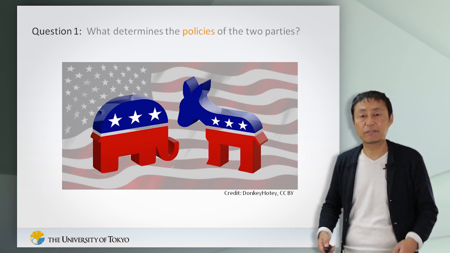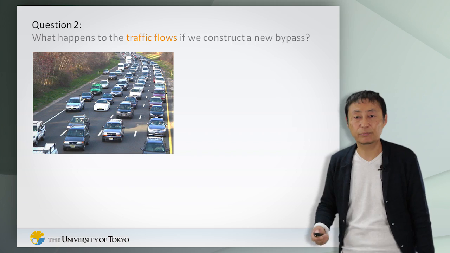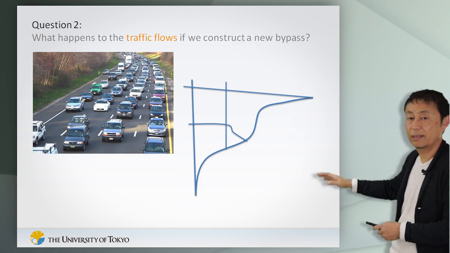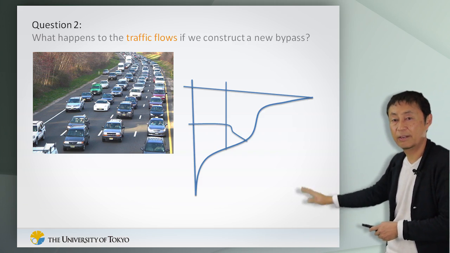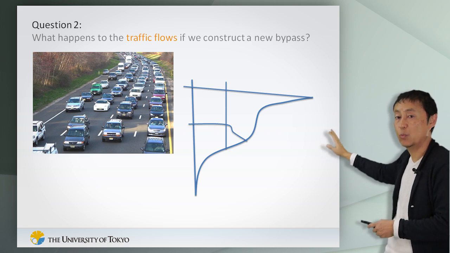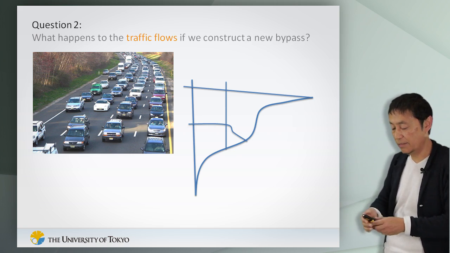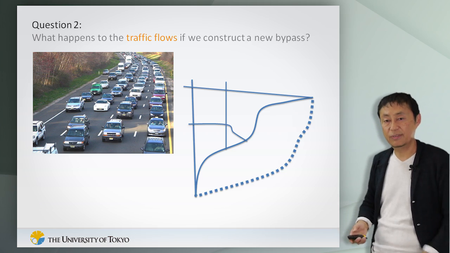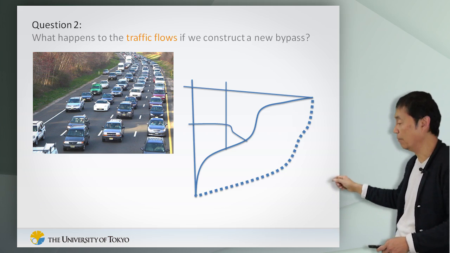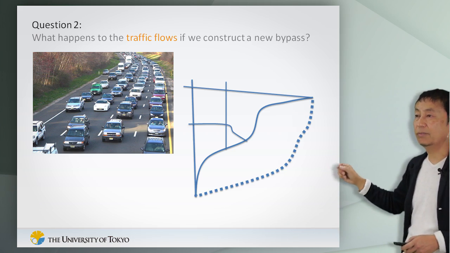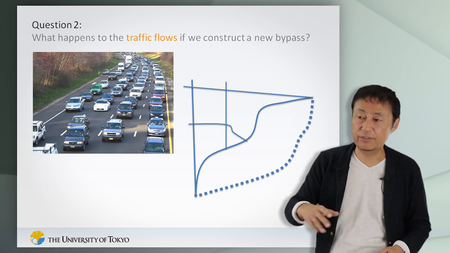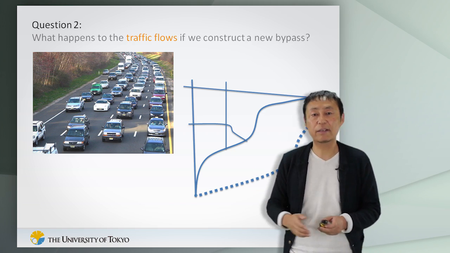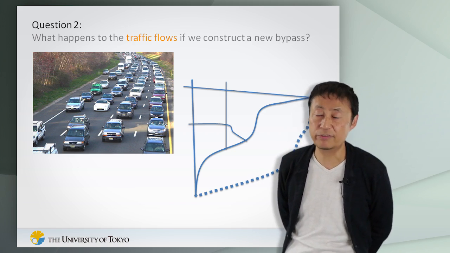Question number 2 is about the traffic on the road. Okay, so let's see this map. There are two cities here and there, say city X and city Y, and those are the existing roads. And the question is, what happens if we construct a new road from X to Y? How does it affect the traffic on the existing road? And how can you save traveling time from X to Y? Okay? This is a very important policy question.